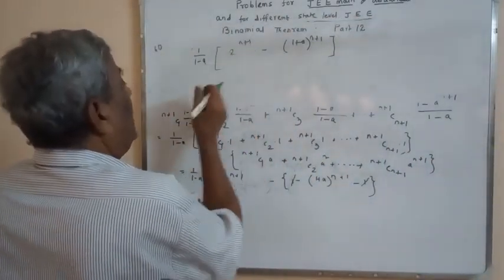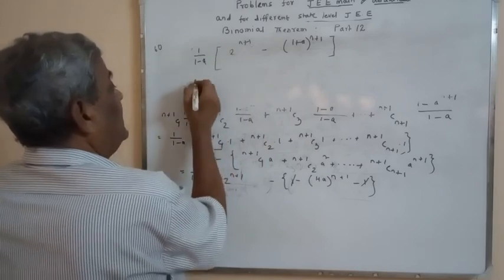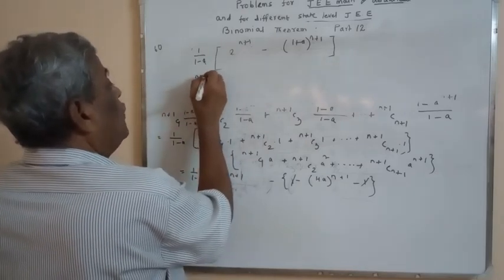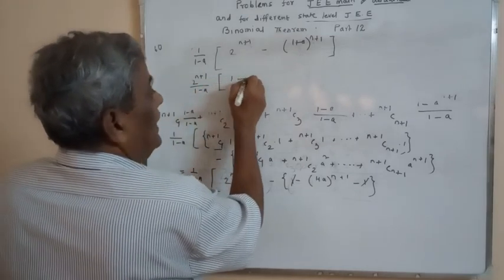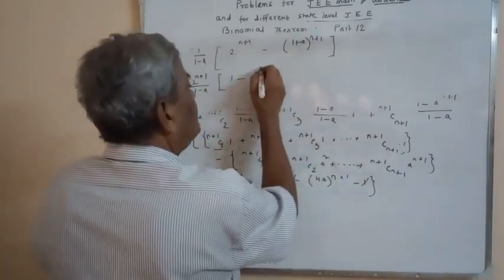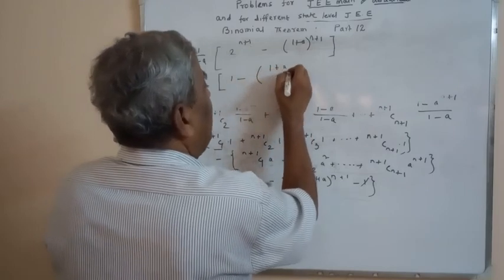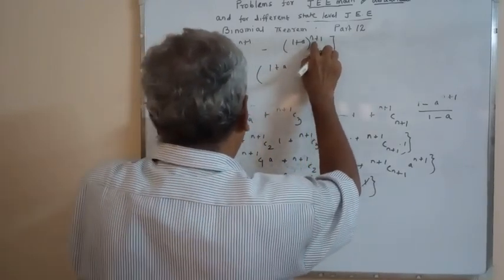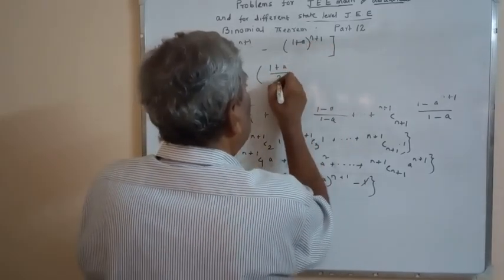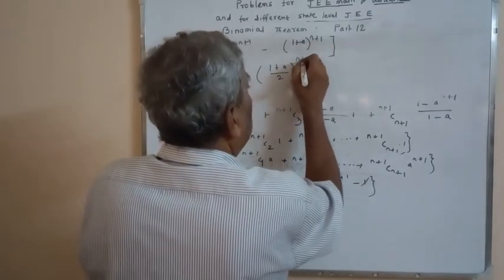Now taking 2 to the power n plus 1 outside, 2 to the power n plus 1 by 1 minus a into 1 minus 1 plus a to the power n plus 1 by 2 to the power n plus 1.